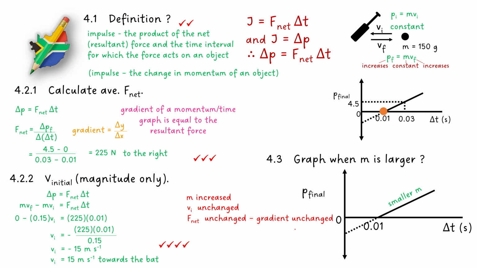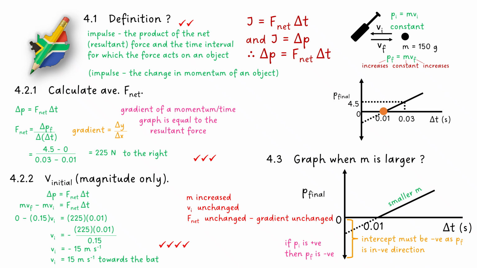Now, since the gradient of the graph is equal to the net force, and we are told the net force is constant, we can deduce that the gradient of the graph we must draw will be the same as the graph given to us. It won't change. So we know the line we must draw will be parallel to the given line.